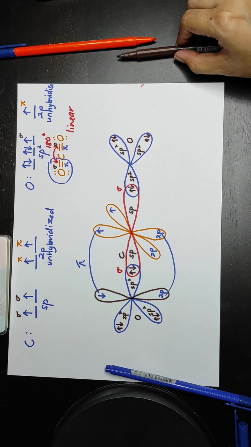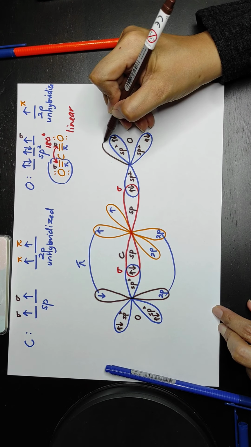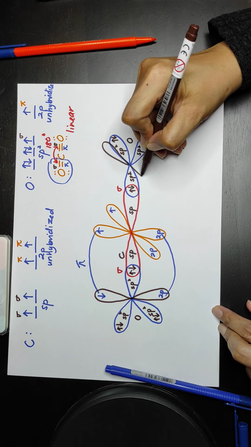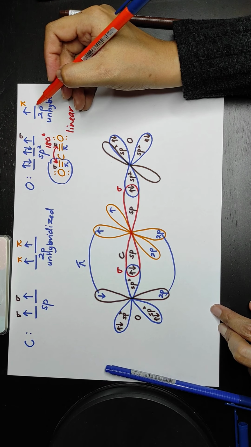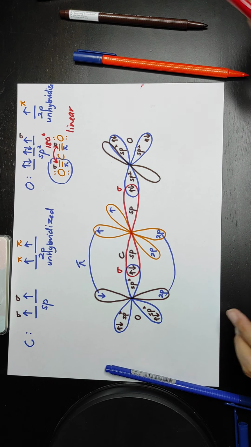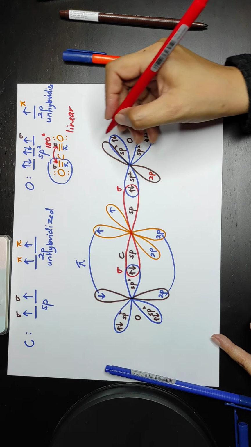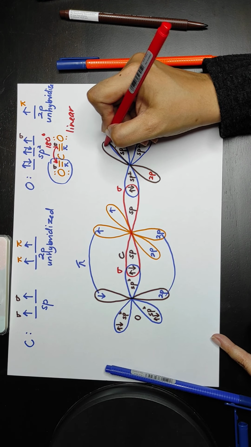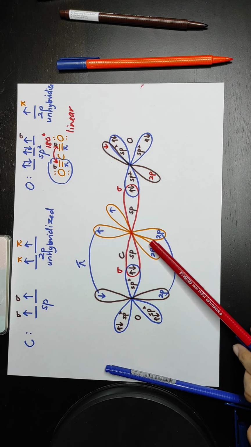And the same goes for the oxygen atom. It has a 2p unhybridized orbital, so let me label it as 2p here, and it contains an unpaired electron with opposite spin.